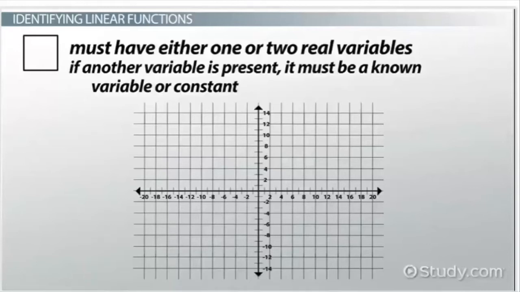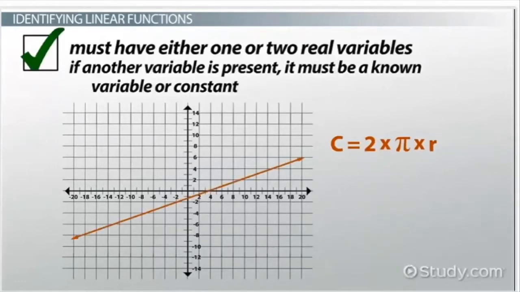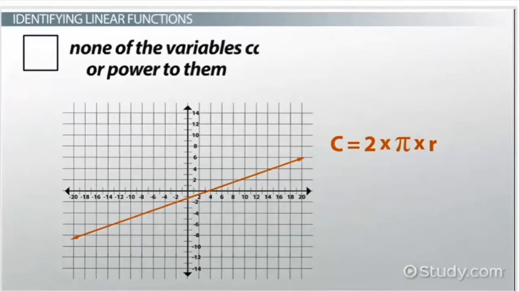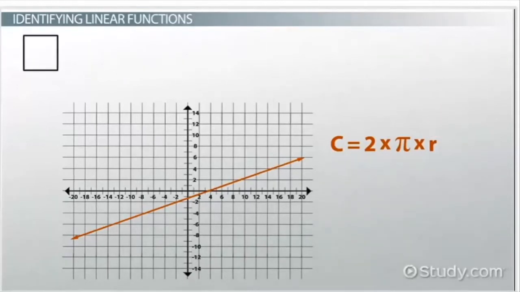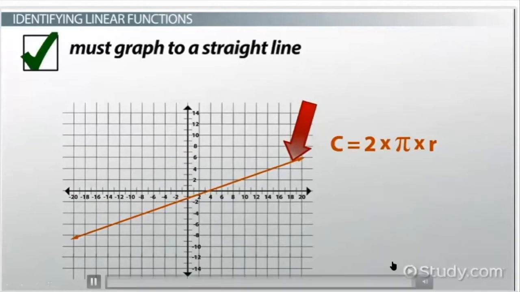If another variable is present, it must be a known variable or constant. For example, the function c equals 2 times pi times r is a linear function because only the c and r are the real variables, with the pi being a constant. 2. The second item is that none of the variables can have an exponent or power to them. They cannot be squared, cubed, or anything else. All variables must be in the numerator. 3. The third item is that the function must graph to a straight line. Any kind of curve disqualifies the function.